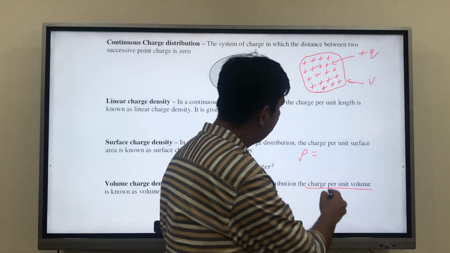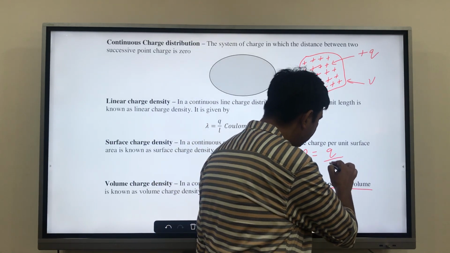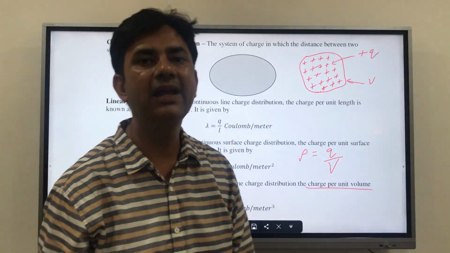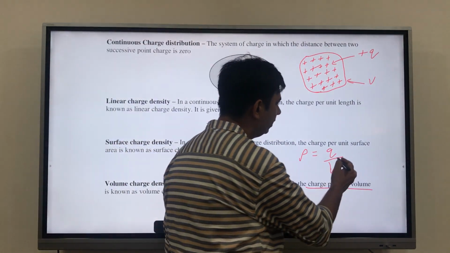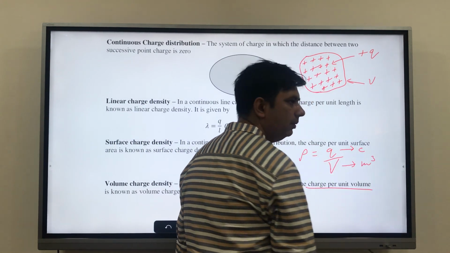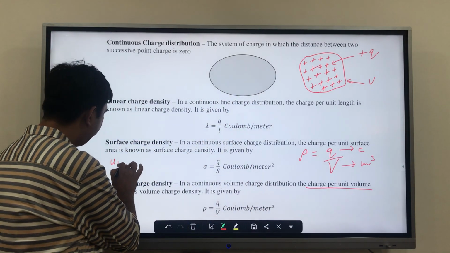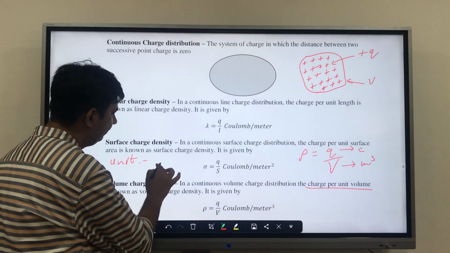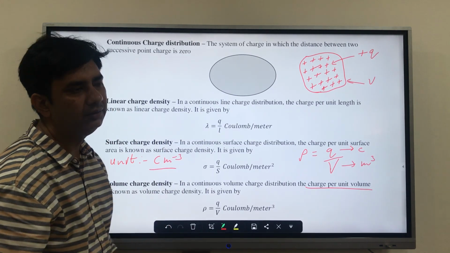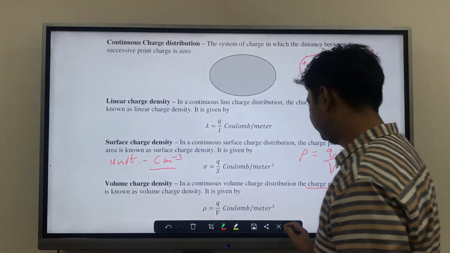Rho is nothing but the charge Q divided by the volume V, so the formula is Q by V. For the unit, we have coulomb for charge and meter cube for volume, L into B into S. So the final unit will come out to be coulomb per meter cube. This is a very important phenomenon, and we will use it somewhere or other in the next slides.